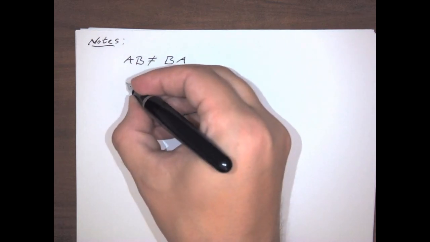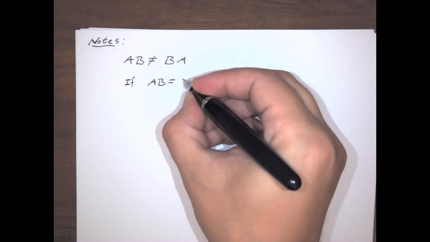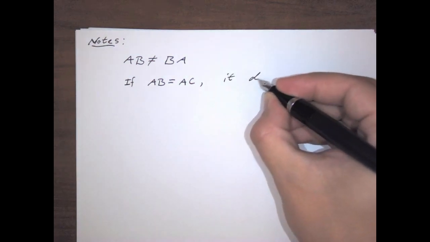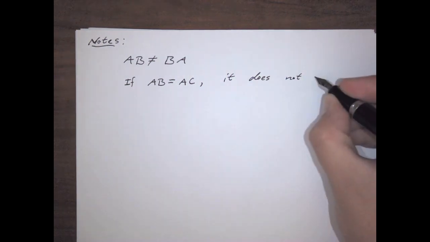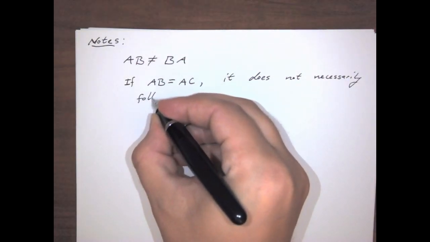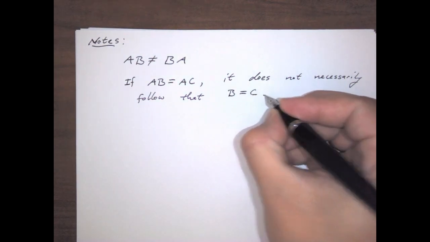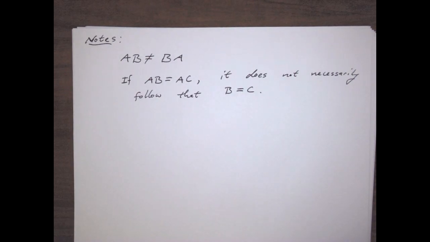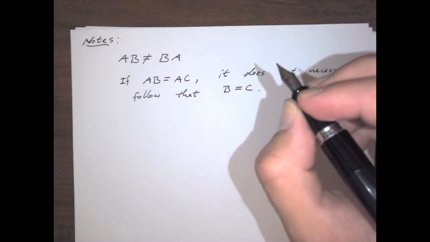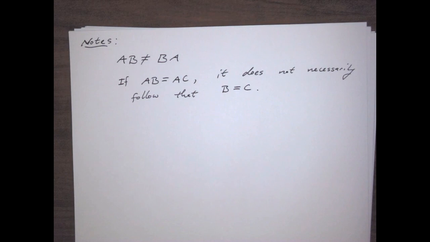Also, if we know that AB is equal to AC, it does not necessarily follow that B equals C. So if we were talking about numbers here, and I knew that A times B equaled A times C, I could basically just divide both sides by A, and then that would give us a chance to see that B equaled C. That's a very common step that we do.